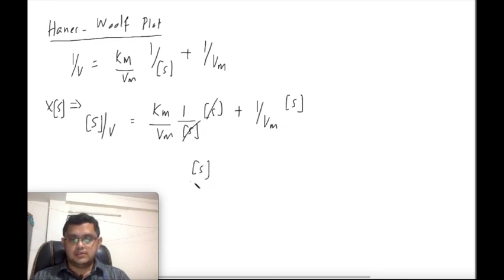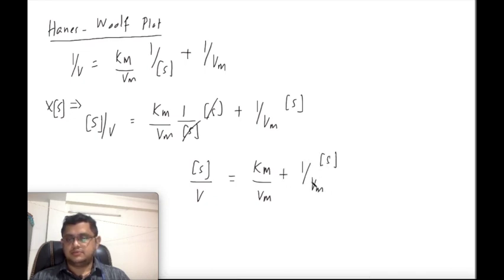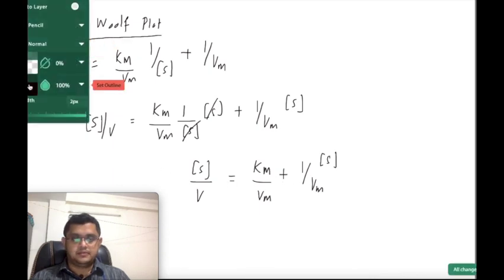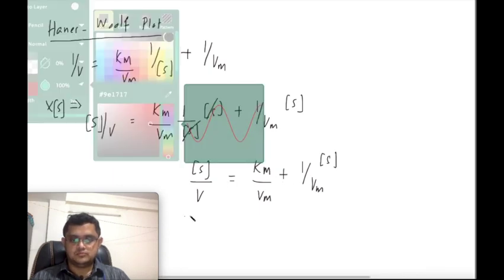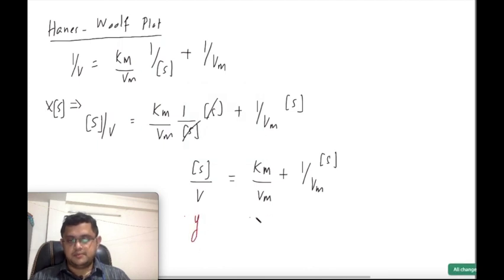You will get S by V is equal to Km by Vm plus 1 by Vm into S. So again, this is nothing but y. You have to identify the variable in order to find out the x. On the right hand side, the only variable is S. So this is going to be the x, this part is going to be m, and this part is going to be c.